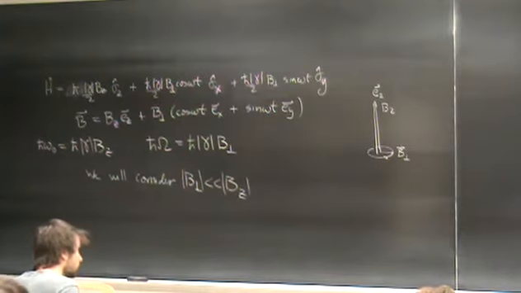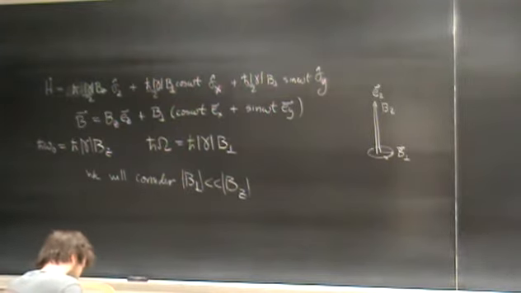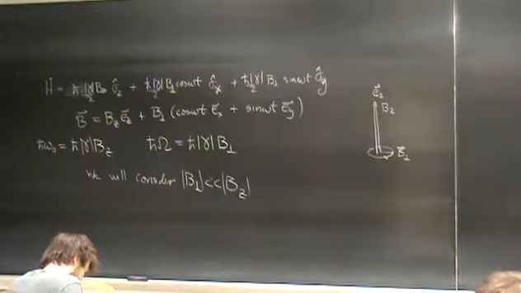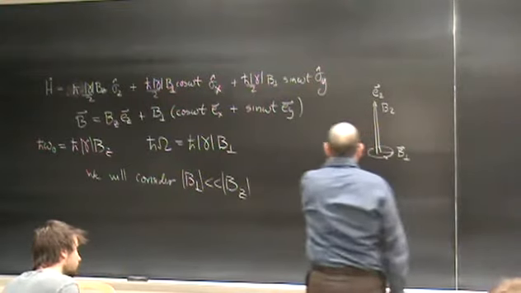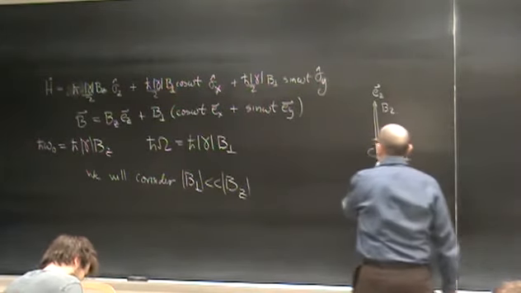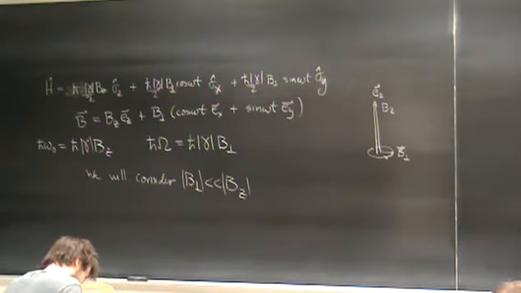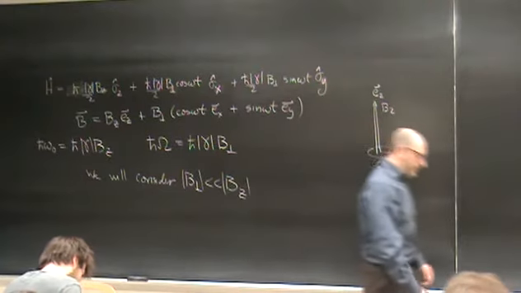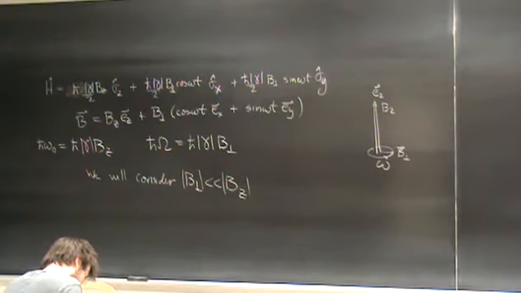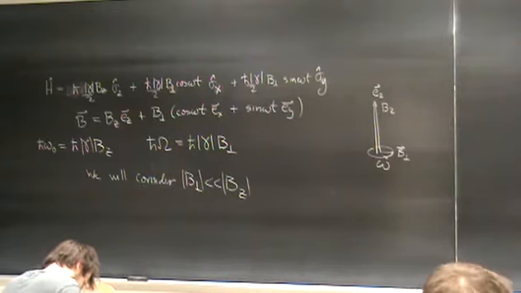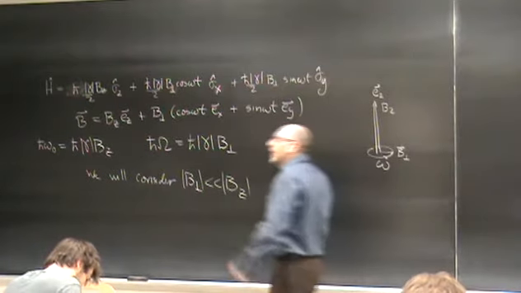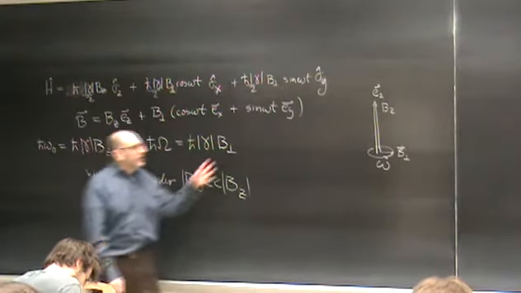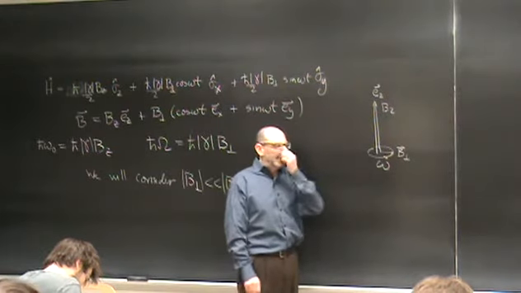That's not important at the moment, but we will consider that ultimately. All right? Okay. So that's my magnetic field. This magnetic field is rotating around in the xy plane at some driving frequency omega. All right. Now, what will happen to our spin in the presence of such a time-dependent field?